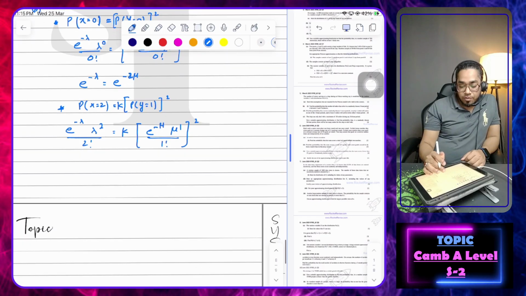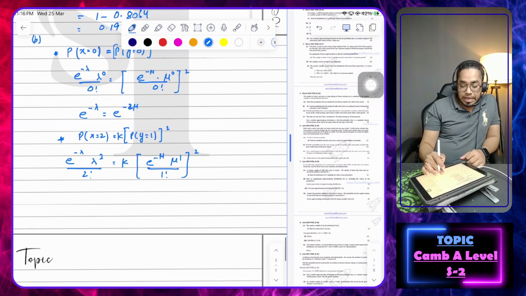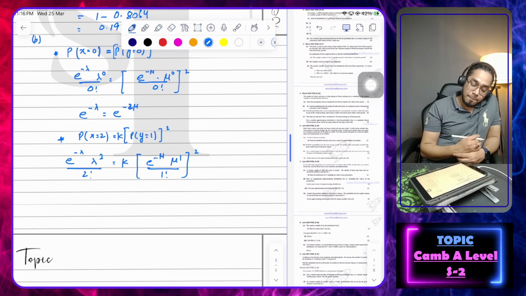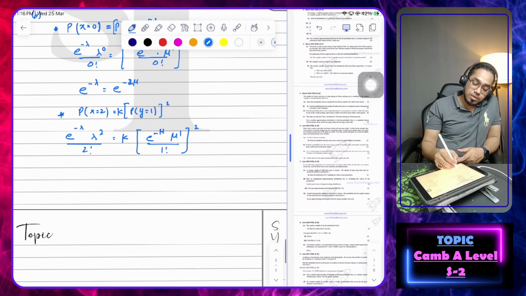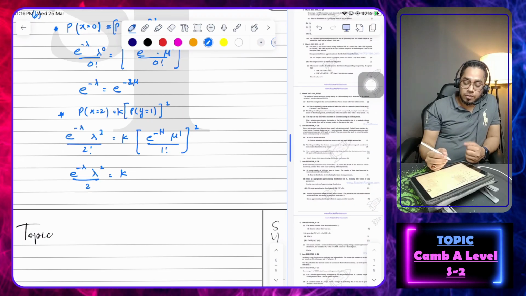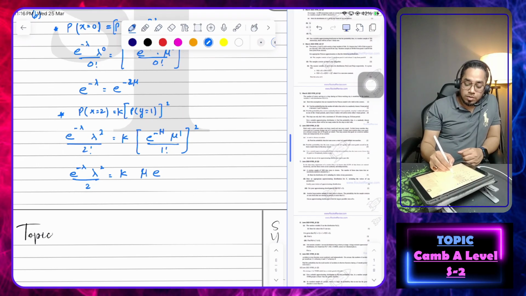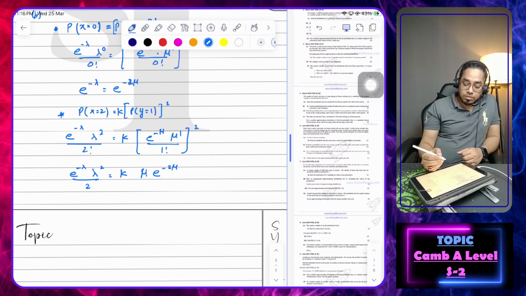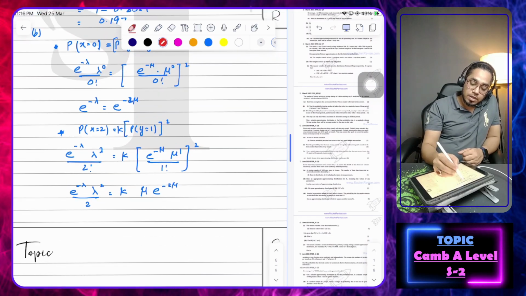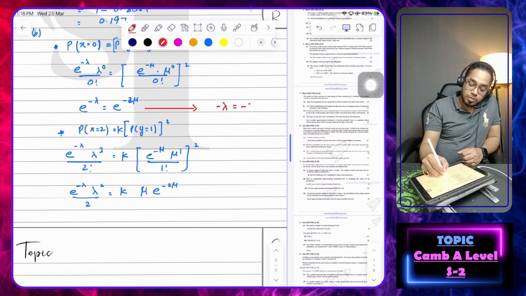Okay, so we have to figure out the value of k. If I simplify that side, exponential minus lambda, lambda to the power 2 divided by 2 factorial is 2, and k times it can be mu to the power 1, exponential minus 2 mu. By this equation we can take out some values: both bases are equal, so minus lambda will be equal to minus 2 mu, and lambda will be equal to 2 mu.